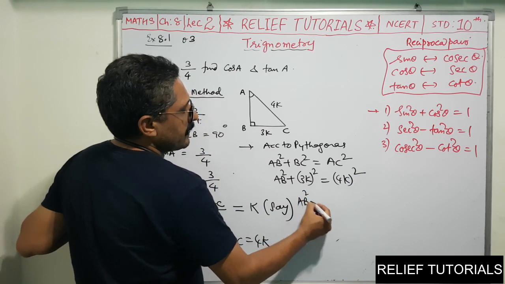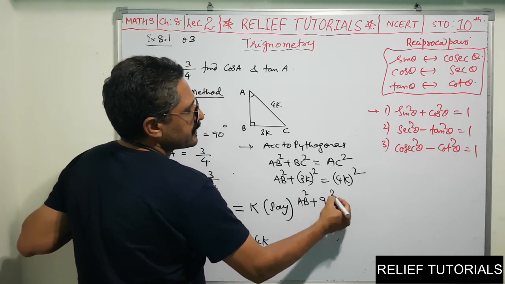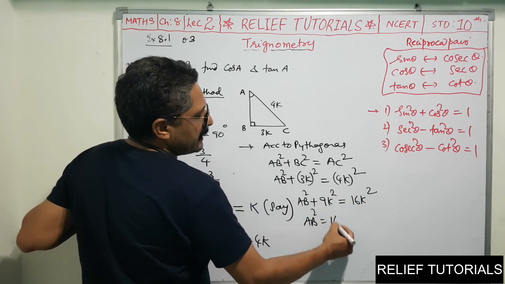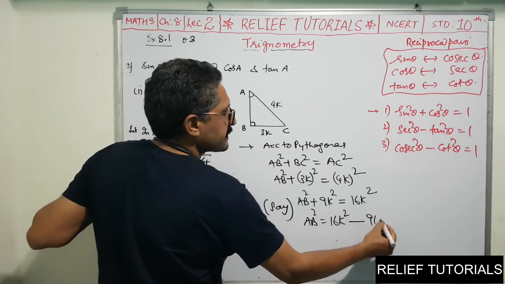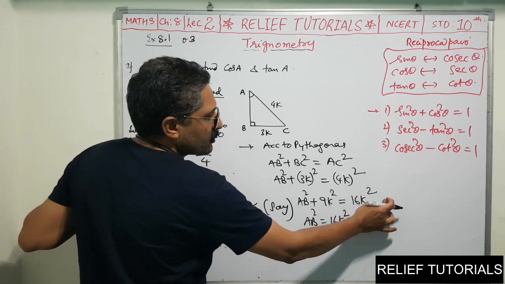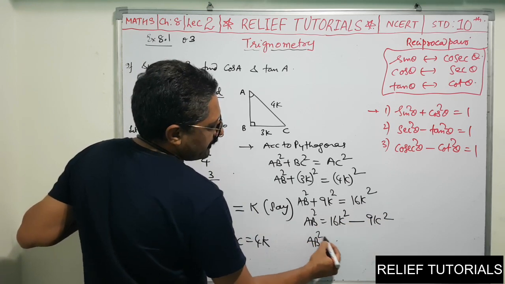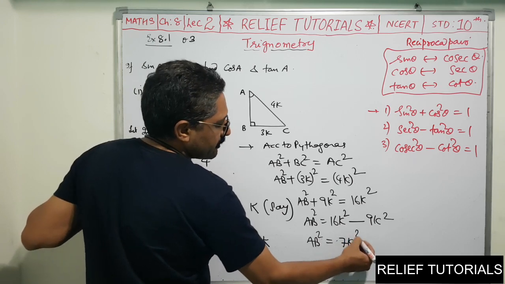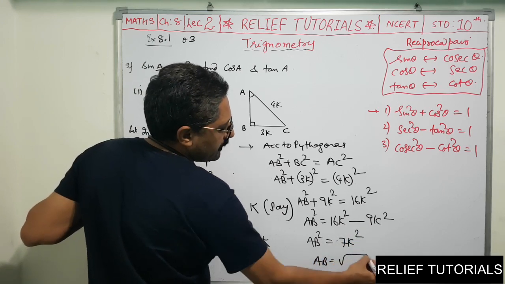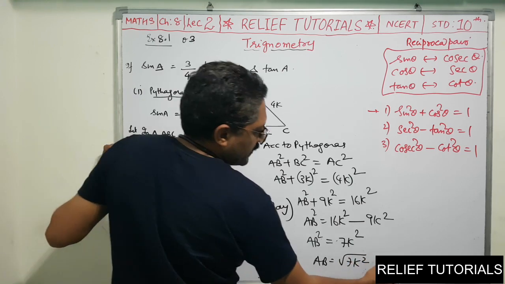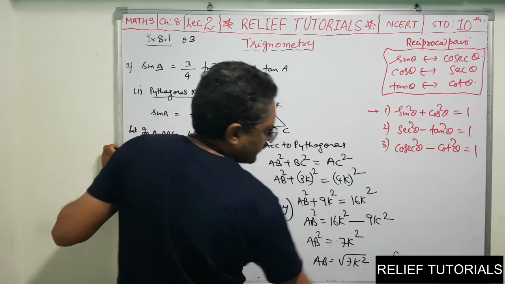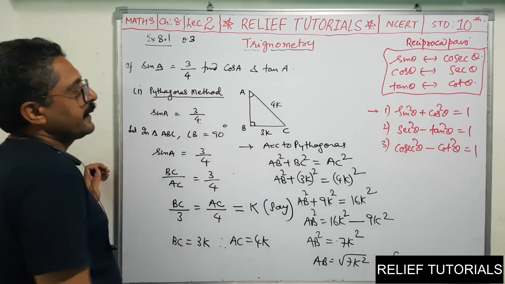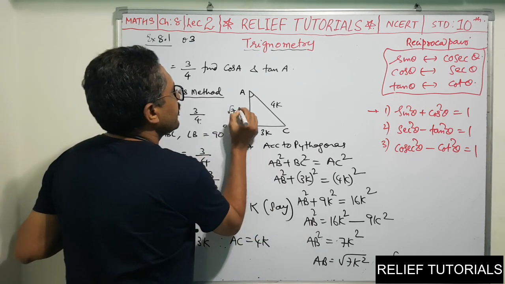So now AB square plus 9k square is equal to 16k square. So AB square is equal to 16k square minus 9k square, when 9k square goes to the other side. So AB square is equal to 16 minus 9, which is 7k square. So AB is equal to under root of 7k square, that is equal to root 7 k. Root of k square is k. So you got AB here: root 7 k.